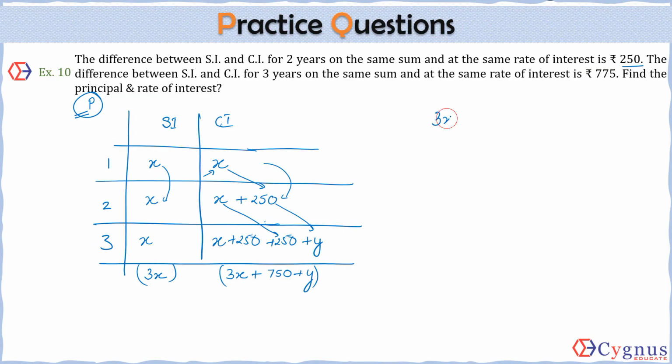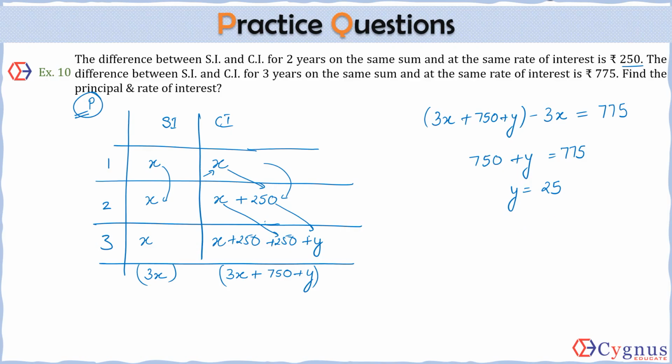So how do we write it? 3x plus 750 plus y, which is compound interest for 3 years, minus simple interest for 3 years, which is 3x, is given equal to 775. When you solve this, what do you get? 750 plus y is equal to 775. So what's the value of y? It's 25. Yes or no?